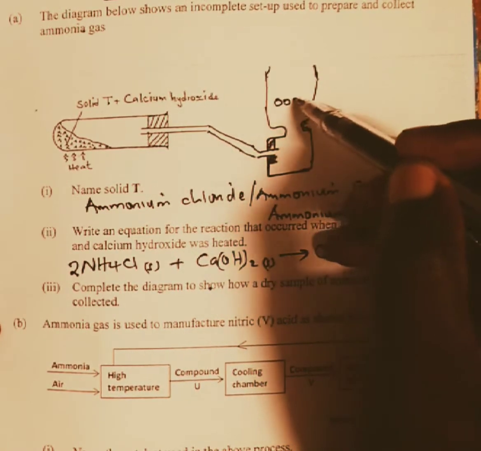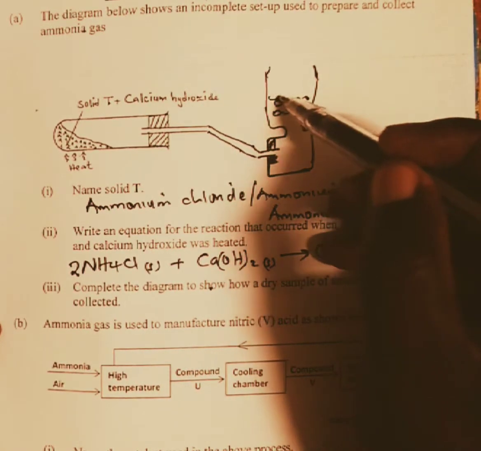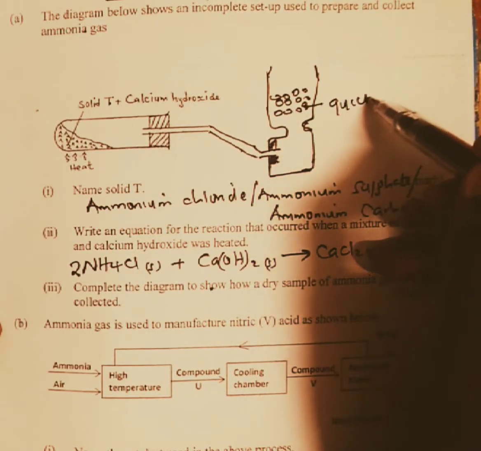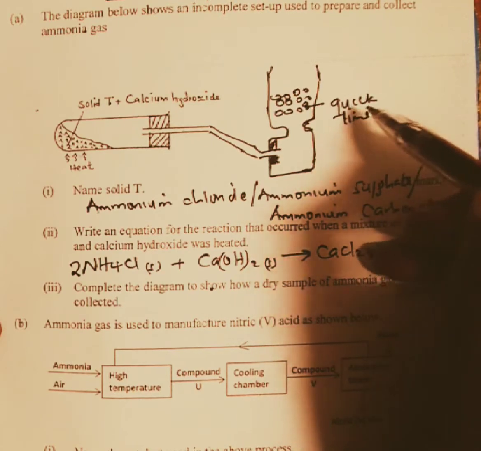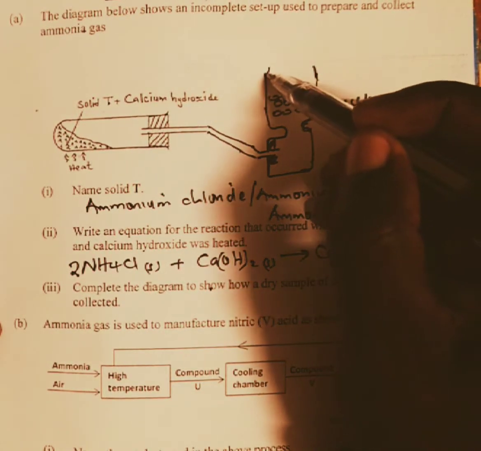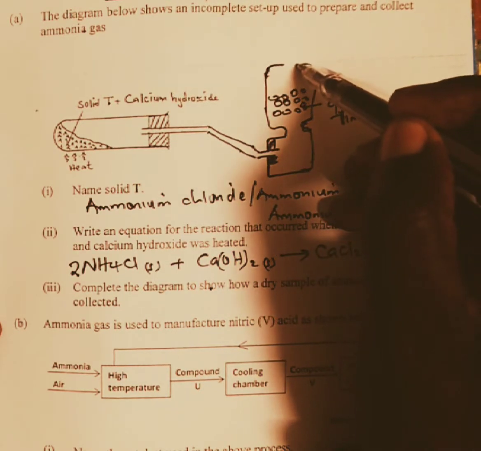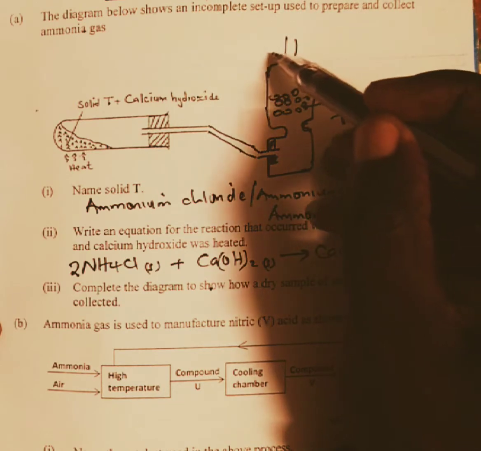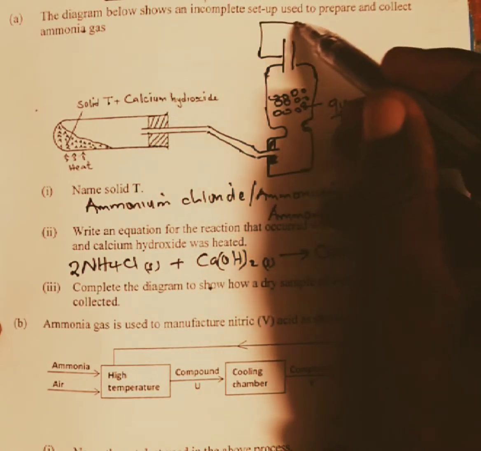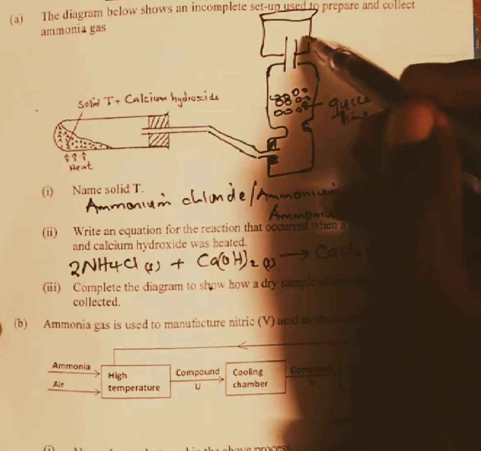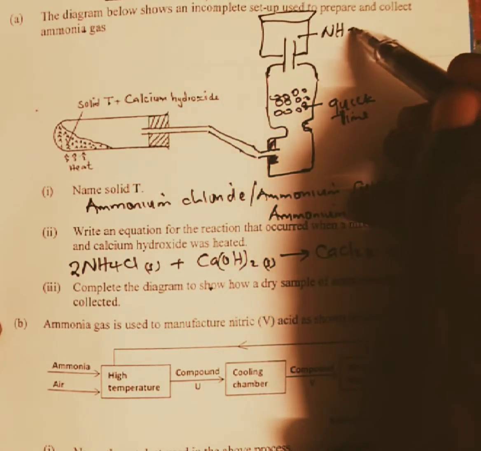This is where we have the drying agent for ammonia, which is quicklime. Then after it has gone through the drying tower, it is collected by upward delivery because it is less dense than air. Up here we have ammonia gas.